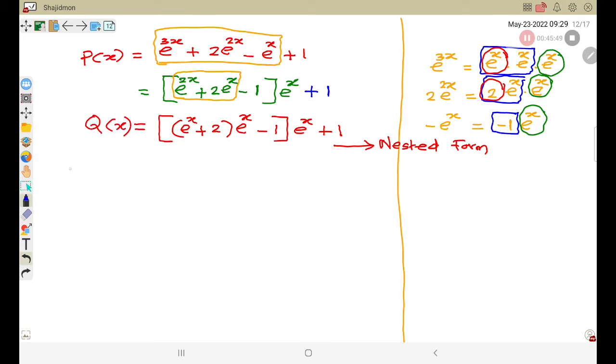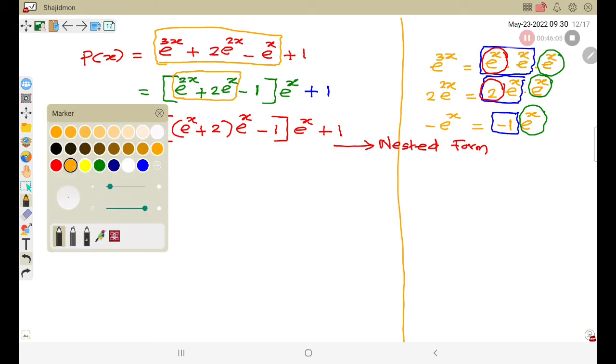Starting the calculation. Q value at which number is given in the question? Q value at 1.52. Okay. Using 3 digits rounding calculation. Q value at 1.52 equals, that means just apply x equal to 1.52 there.